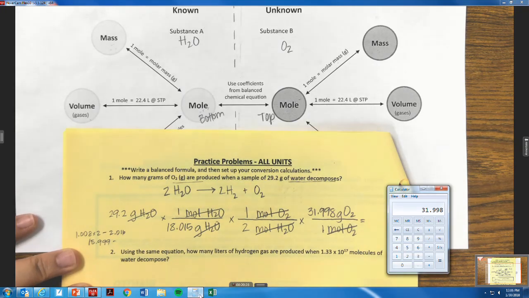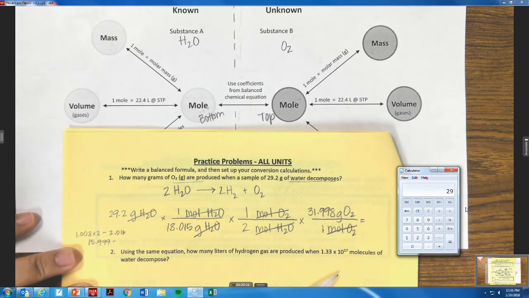Remember, I like to do my math one step at a time. So it's 29.2 divided by 18.015. Push enter. Then our next step is to divide by 2 and then multiply by 31.998, and we get 25.9.